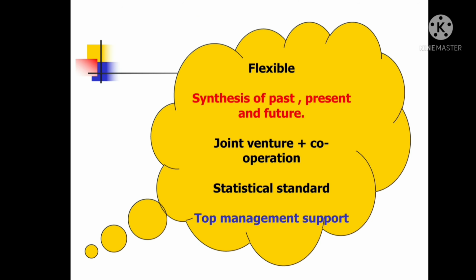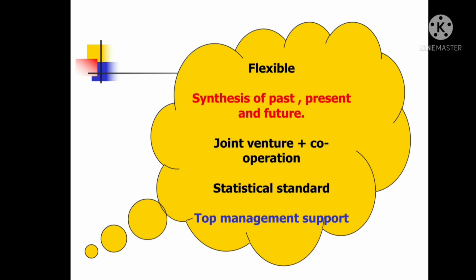Then the features. Features are usually asked in the exam. It should be flexible. Flexible means according to the need of the organization we have to adjust the budget. Then synthesis of past, present and future. When we are going to plan a budget, we review the last 3 years' budgets and then prepare the budget for the coming year.